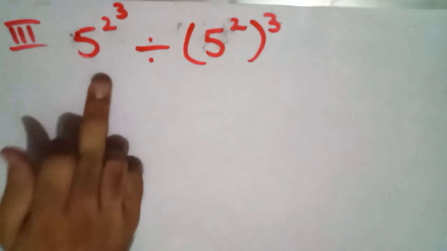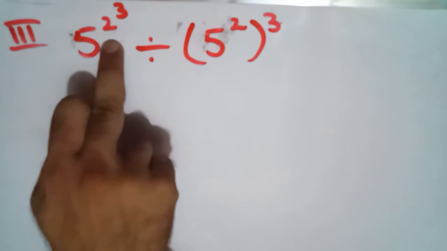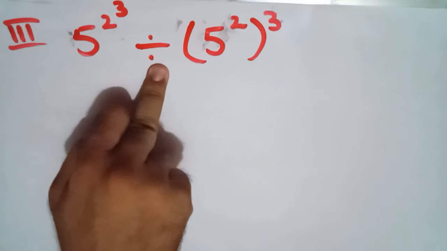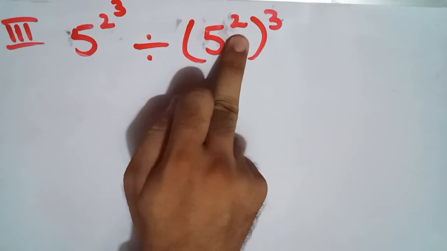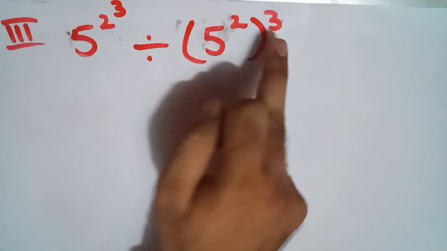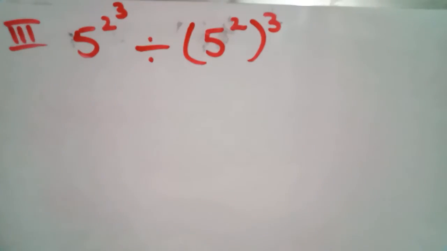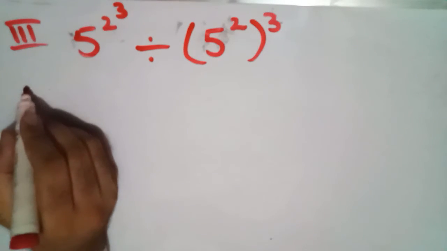So here we have 5 raised to power 2 raised to power 3 divided by 5 raised to power 2 multiplied by 3, or the cube of the whole factor. So how can we simplify it? Let me write this solution.